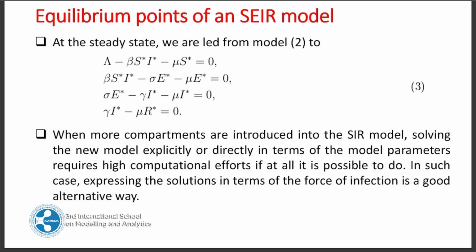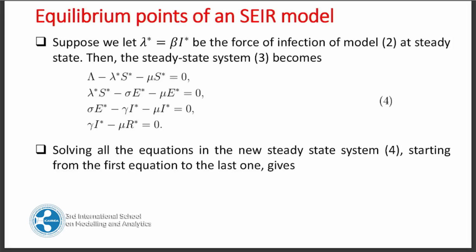So in such a case, expressing the solutions in terms of the force of infection is a good alternative. So in order to simplify this steady state system, we can represent the system in terms of force of infection. And like yesterday, what did I call the force of infection?